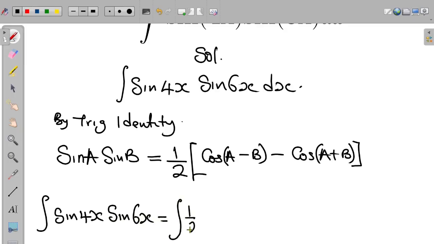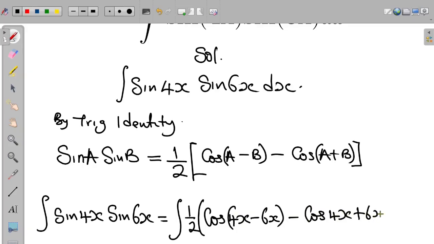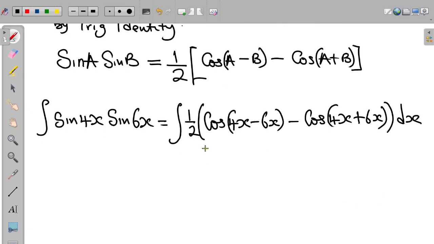of 1 divided by 2, open a bracket, cos 4x minus 6x minus cos 4x plus 6x, all enclosed in a bracket, multiply by dx. Now at this point, 1 over 2 is a constant, so we take it out.